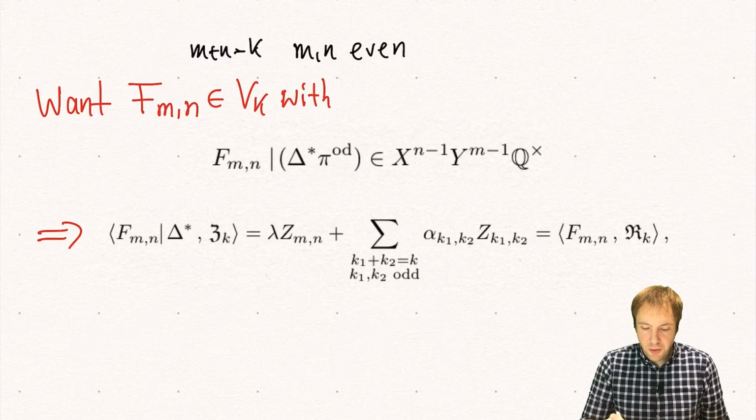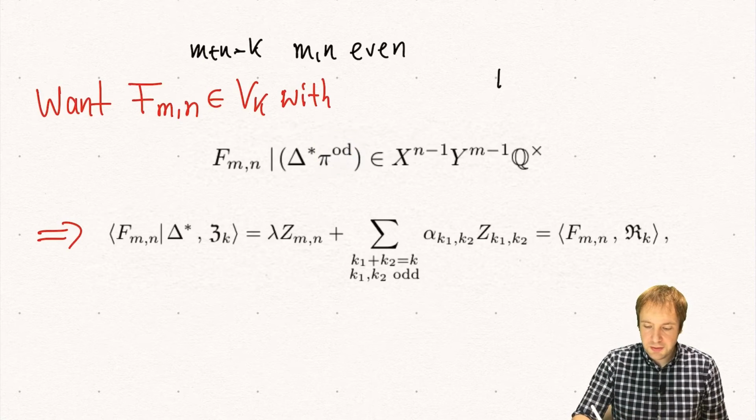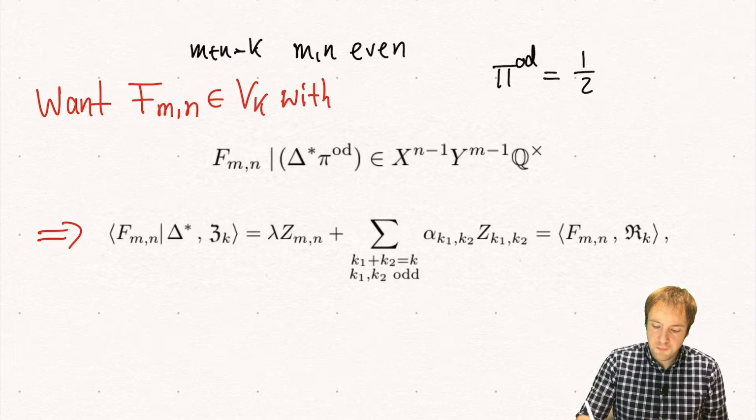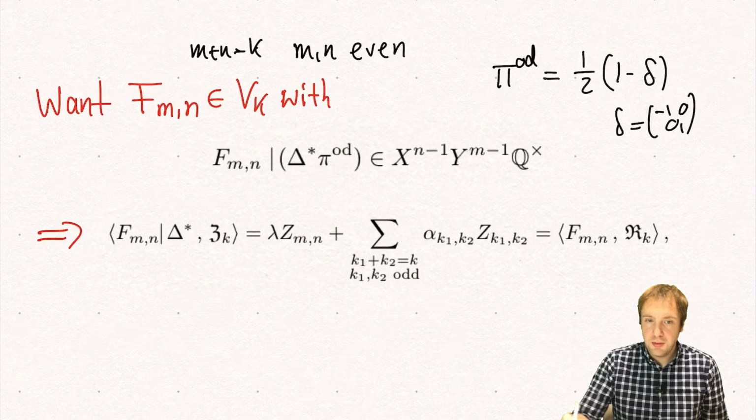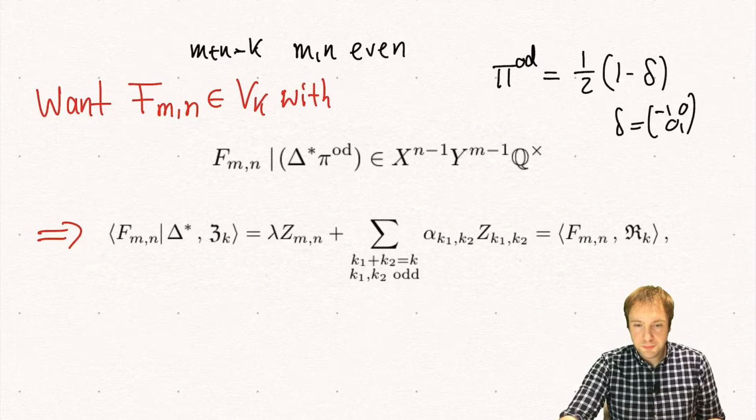polynomials of homogeneous degree k minus 2, where m plus n is always k, and m and n are even, such that the odd part, so this pi odd here, is the projection to the odd part, which is 1/2 (1 minus delta), and delta is the matrix (minus 1, 1, 0, 0).